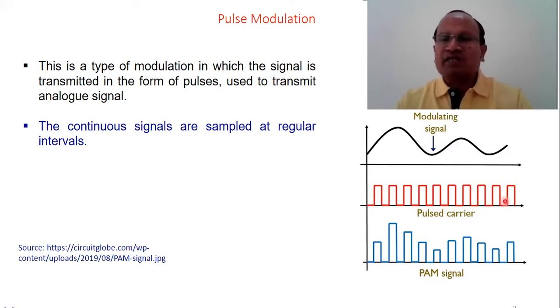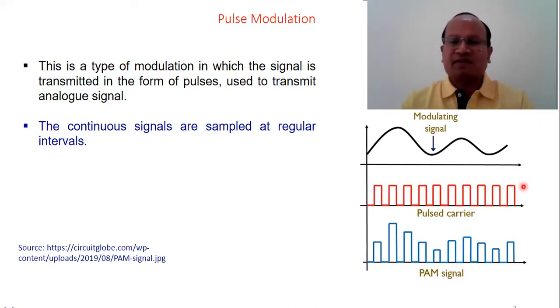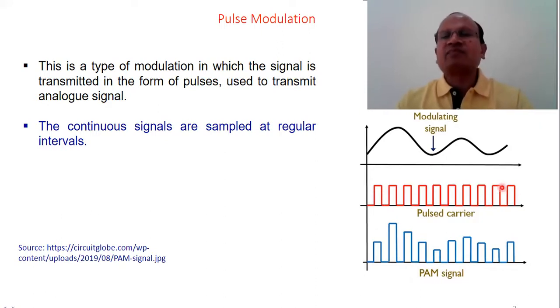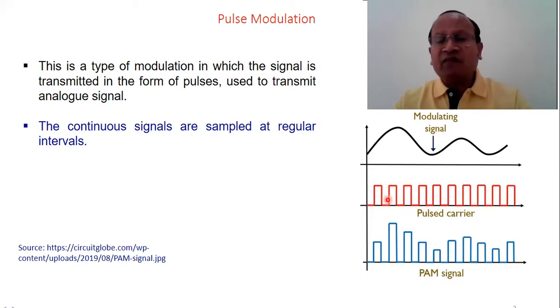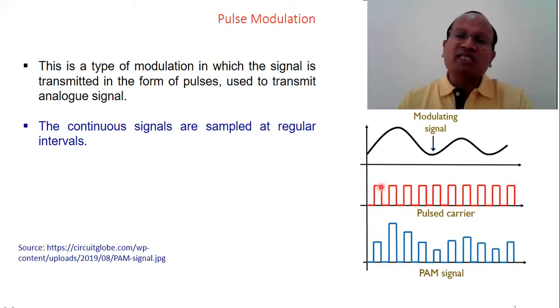There is a sequence of pulses, series of pulses, and these pulses will have frequency, will have time duration, will have width, will have amplitude. So if the amplitude of these pulses varies in accordance with the instantaneous value of modulating signal, the method of pulse modulation will be called as pulse amplitude modulation.